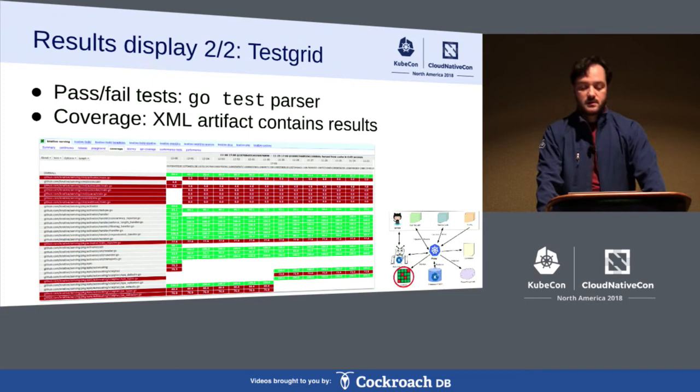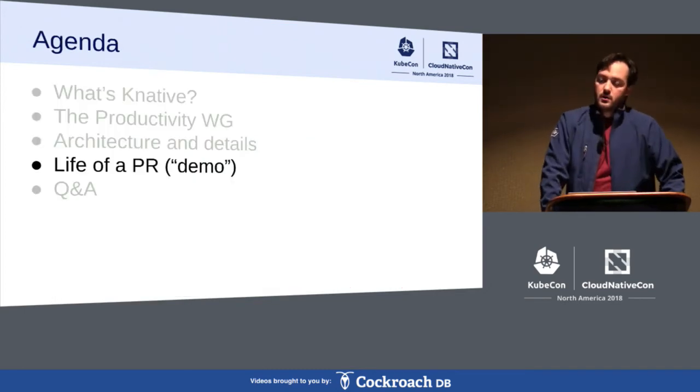And for more specific results, like the code coverage or the test latency, where you have numbers or thresholds, then we build custom XML artifacts containing the results we want to present. In this case, that will be the code coverage numbers.